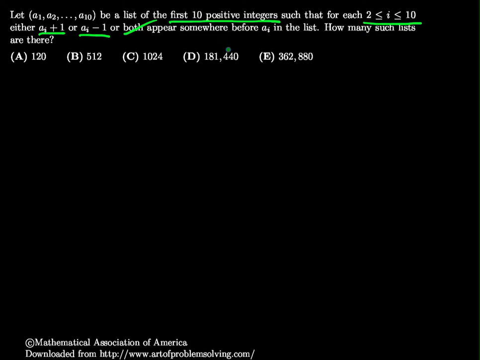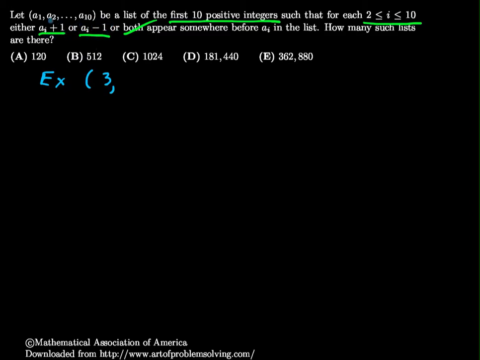Okay, here's the idea. So we have the first 10 integers, and it doesn't say it strictly in here, but I'm going to say they cannot be repeated. So what's going to happen is this. For a little example to illustrate, if I started my list off with the number 3, then afterwards I could either go up to 4 or down to 2, because if I go up to 4, then my term minus 1 is on there.